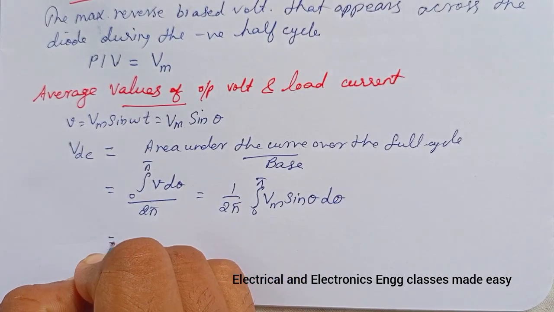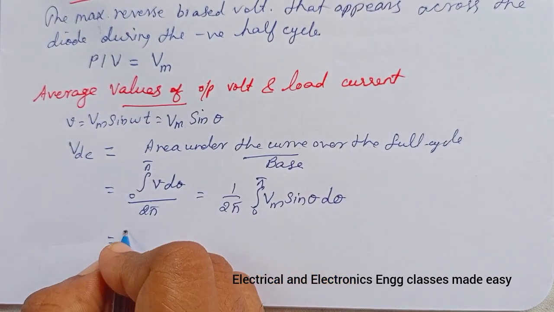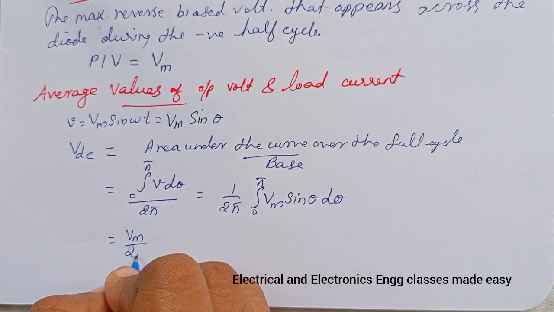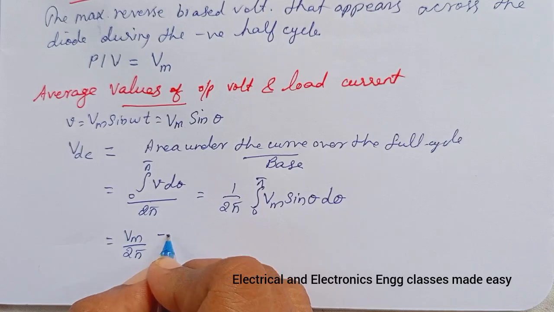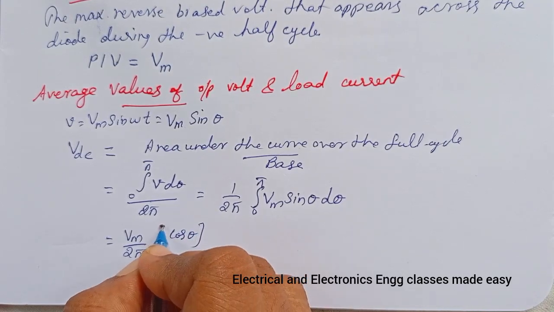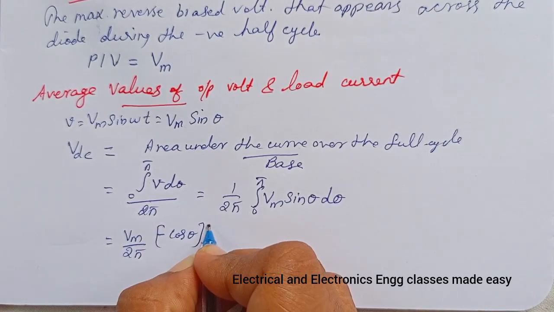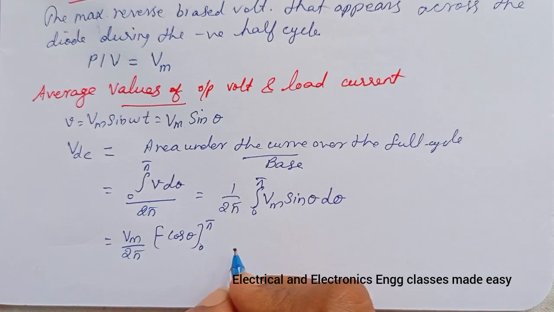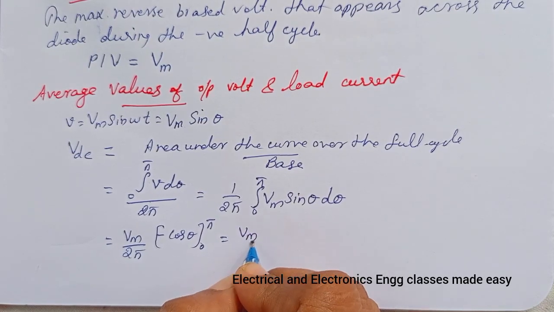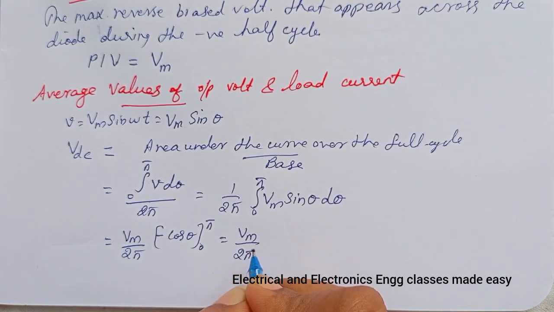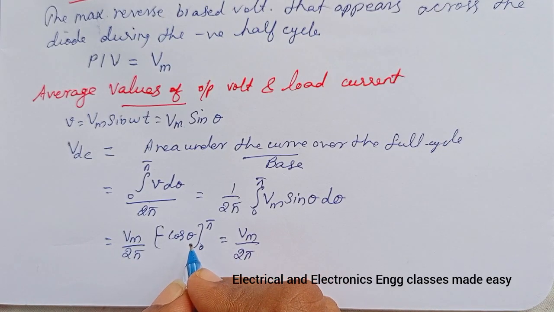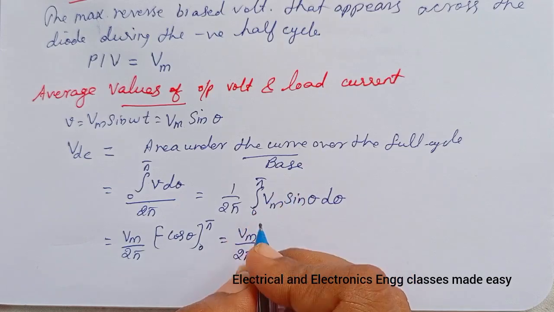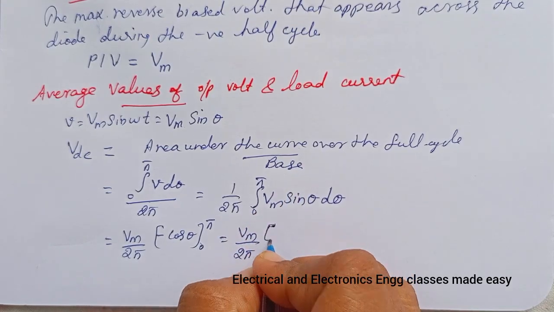Vm is constant, so we get Vm divided by 2 pi, then the integral of sin theta is minus cos theta, with limits 0 to pi. So we get Vm divided by 2 pi times minus cos pi. Cos pi is minus 1, so minus of minus gives 1.